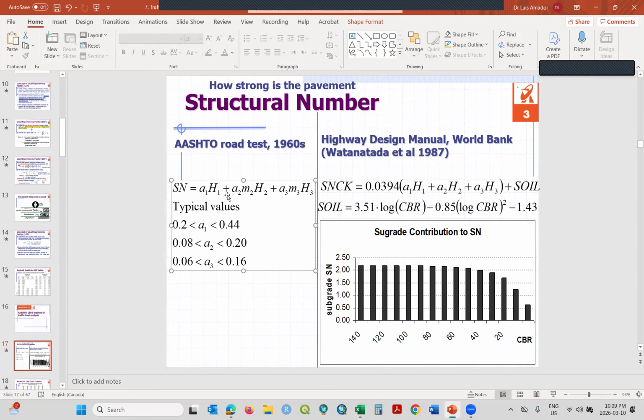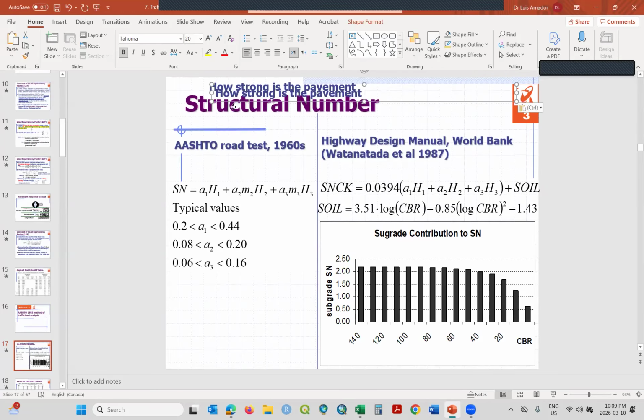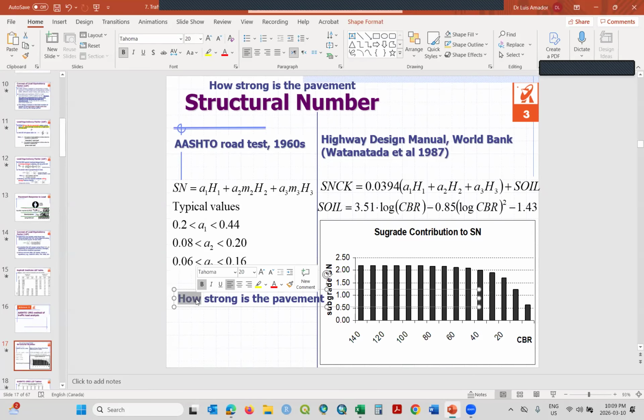So your H1 is the thickness of the hot mix asphalt layer. Your H2 is the thickness of your base, and your H3 is the thickness of the subbase.